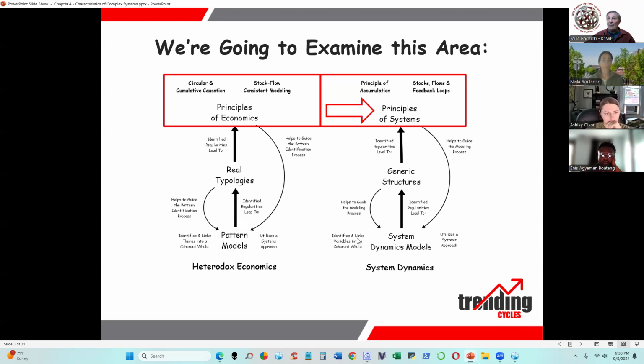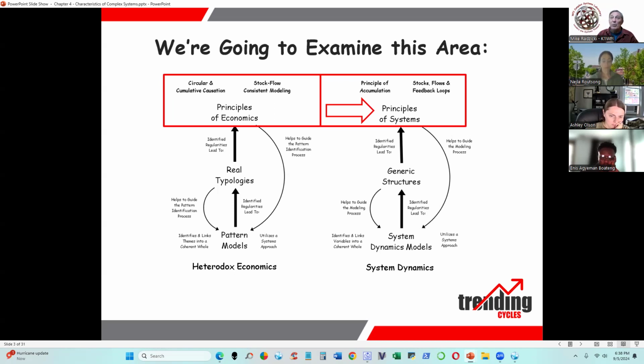Of course, we do the exact same thing in system dynamics. We don't call it pattern modeling, but we're looking for variables that are important, right? Using the hexagon method or whatever. And of course, we obviously use a systems approach. But a homicide detective doesn't arrive at a murder scene devoid of any knowledge, right?